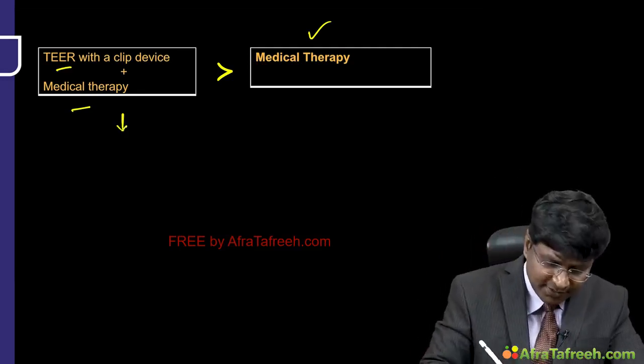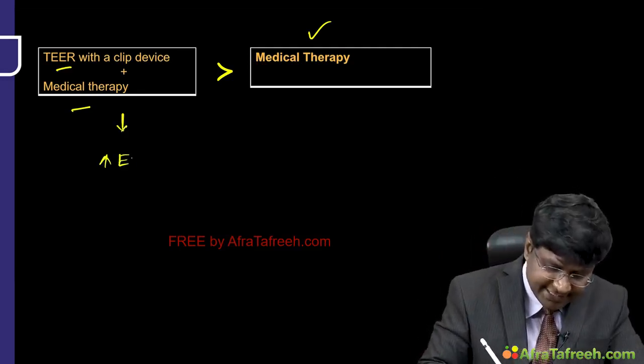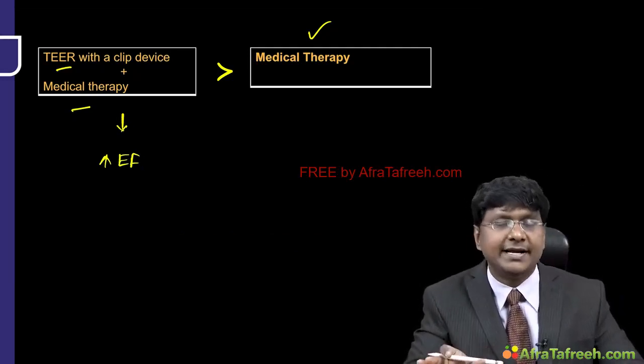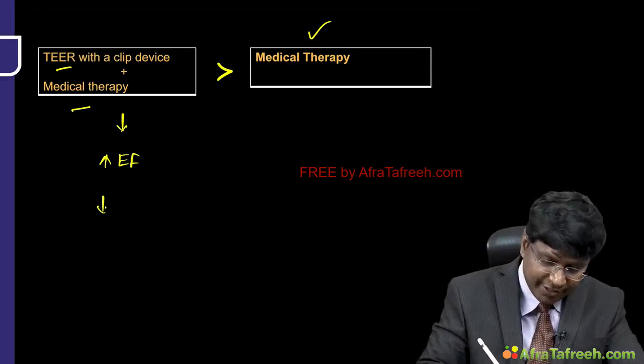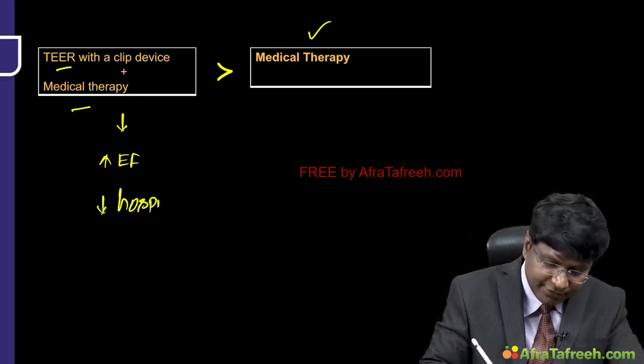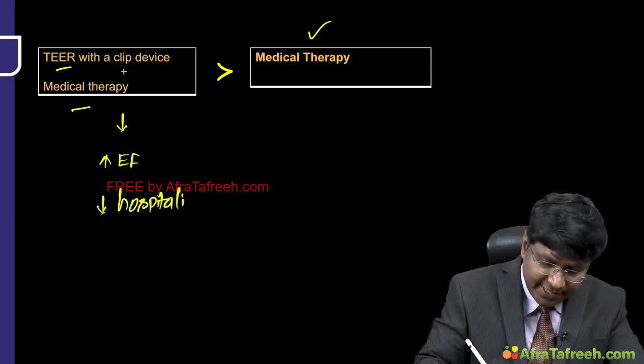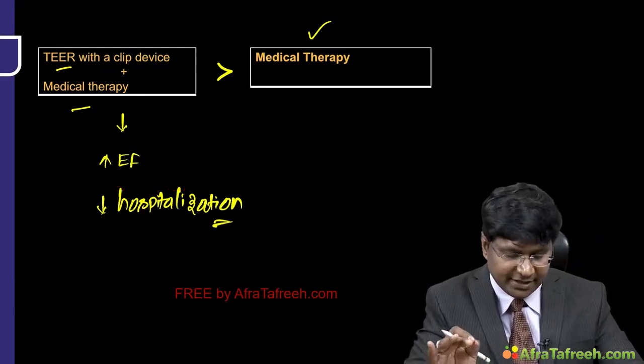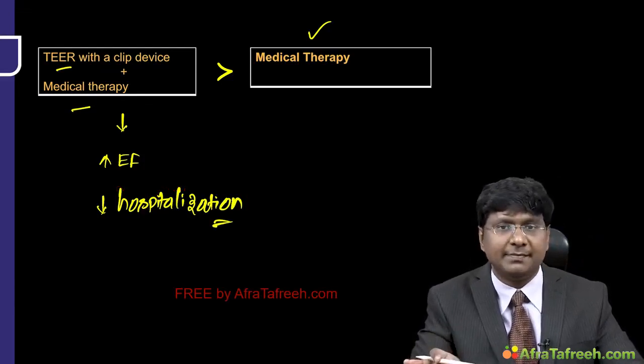It will improve the ejection fraction of the individual, prevent cardiac remodeling, and reduce hospitalization of patients with MR causing left ventricular dysfunction. That is the advantage of TEER with a clip device along with medical therapy.